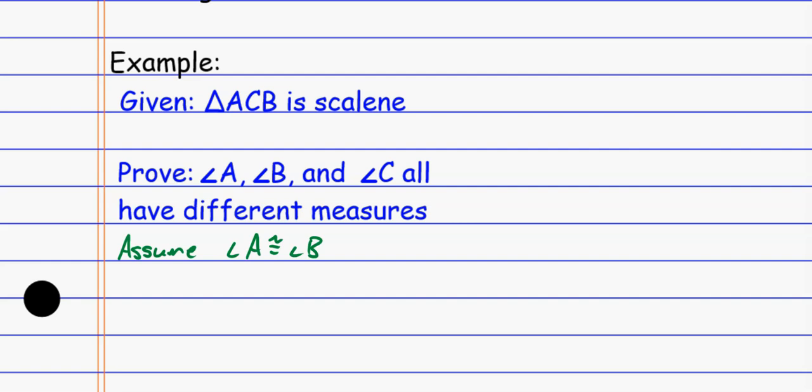And we could do this as a two-column proof as well. So if I assume that A is congruent to B, let me draw a picture over here. So here's A and B. I'm assuming that those are congruent.